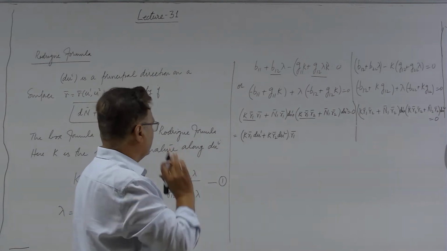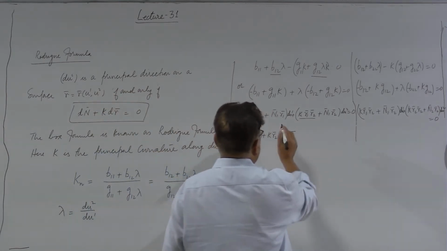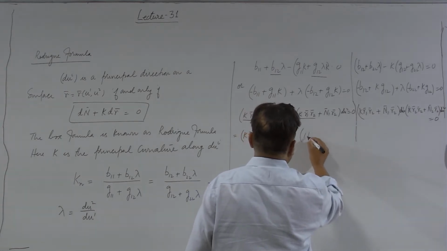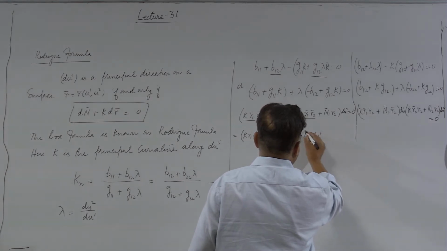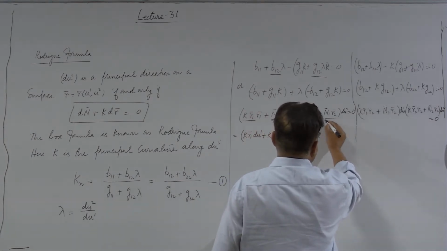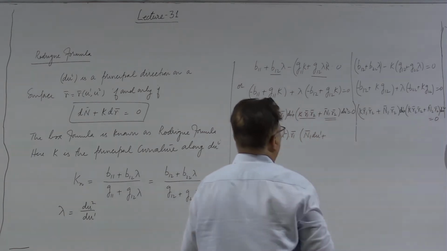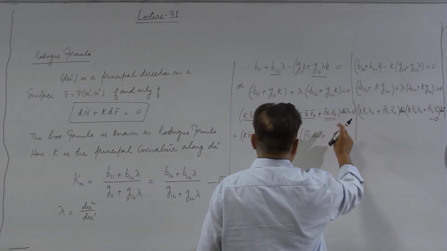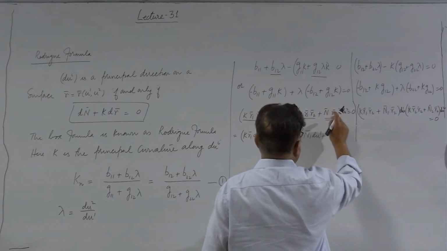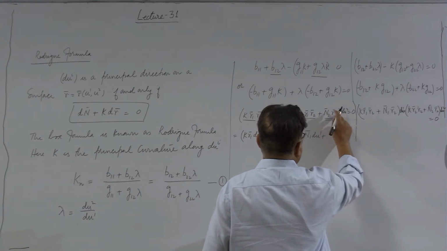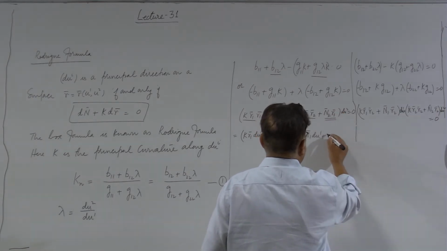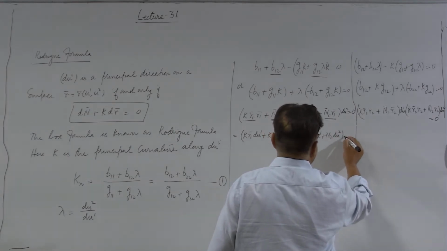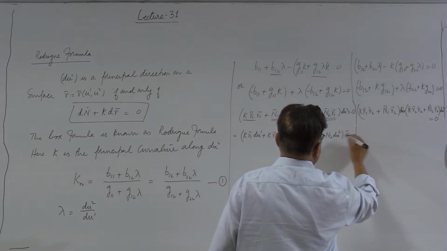Underlined terms are written like this, and then I will combine this term, that is n1 du1 and this term, plus I can also write this as n2 dot r1. Both are same. Du2 dot r equal to 0.